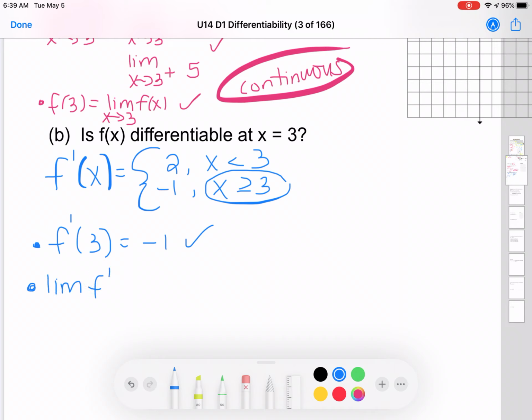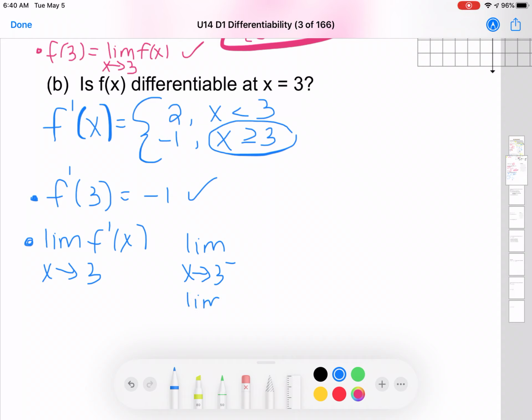Let's take the limit as x approaches 3, piecewise function. So we'll approach from both sides. A little bit smaller than 3, so we'll take out of this piece, and we wind up with 2. A little bit bigger than 3, approaching from the right, we'll take from here, we got negative 1. And we can see here that they're different, right? So it does not exist. You can do the symbol, or you can say does not exist.